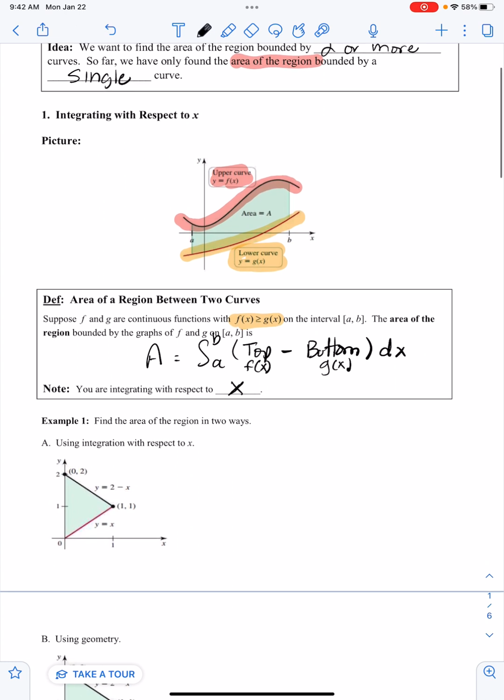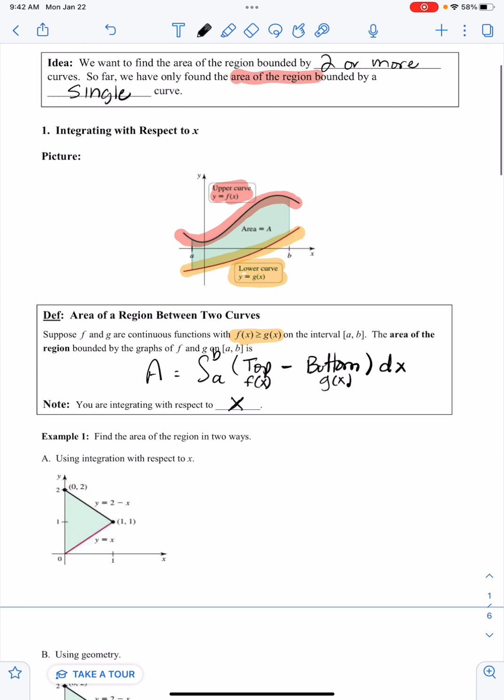All right, so we are going to look at an area of the region in two different ways. We'll use a little calculus, and then we'll see how to actually do this a little bit easier with geometry. So here we have a triangle, and we are going to be using integration with respect to x.